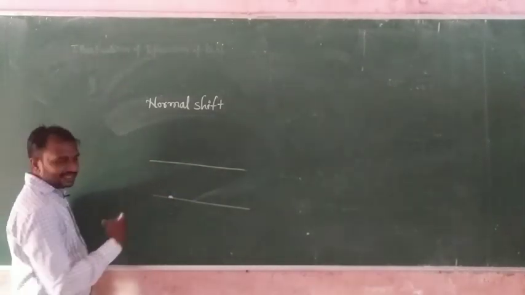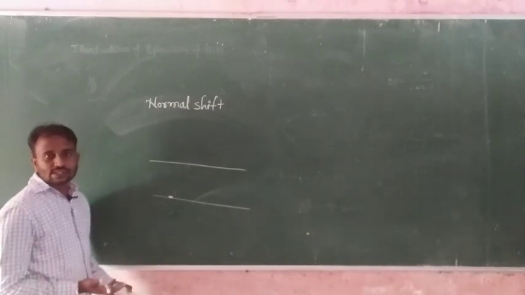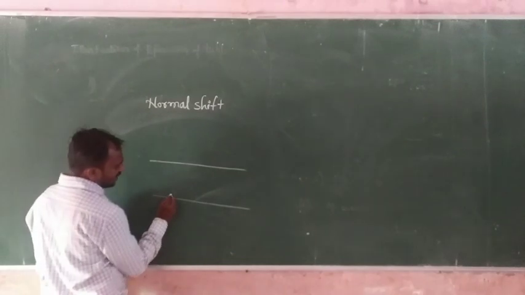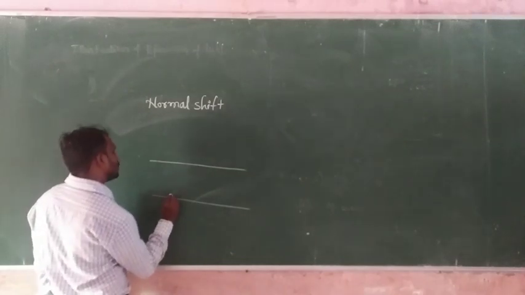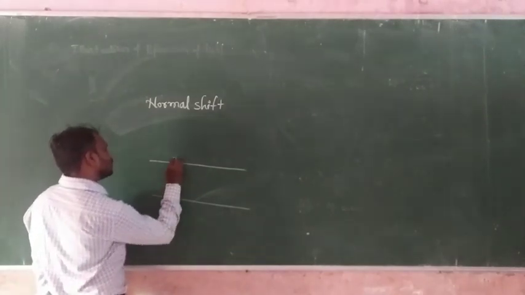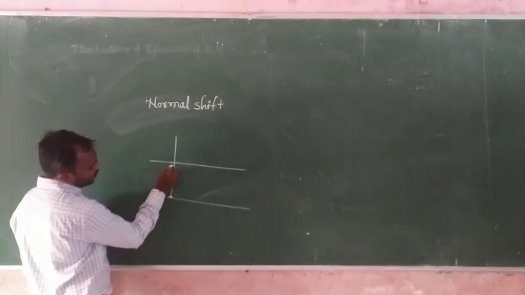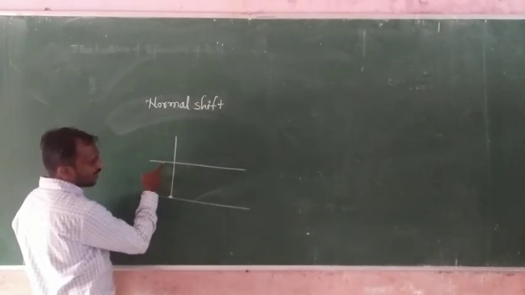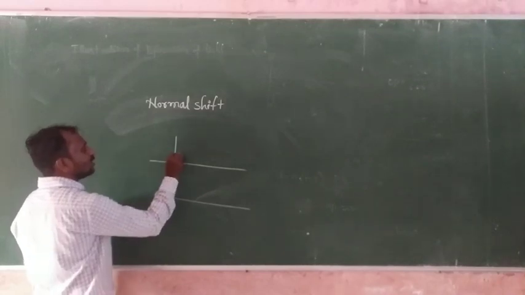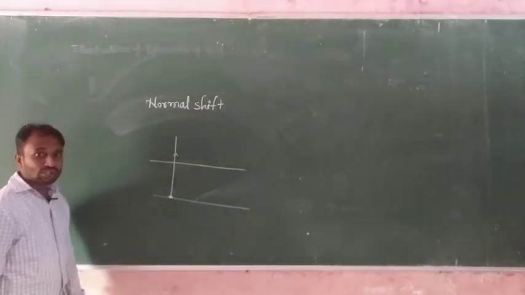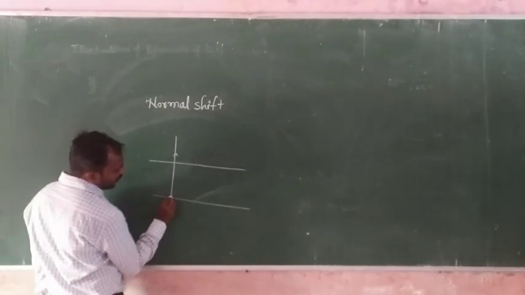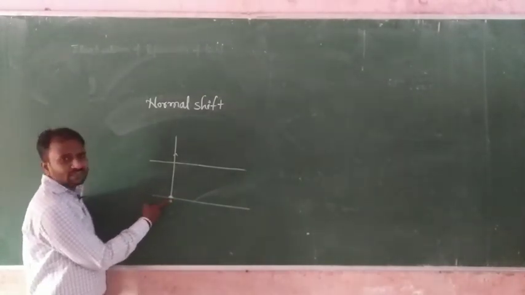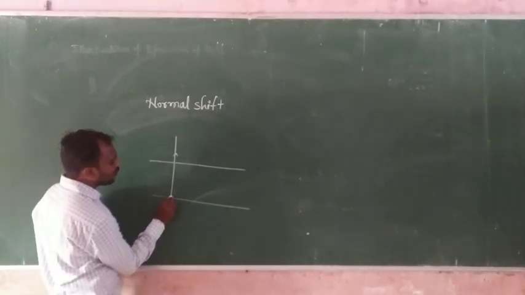Here this one is an incident ray, which is perpendicular to this refracting surface, so this one is the normal. Suppose we consider a source or object, and light rays come from this source.